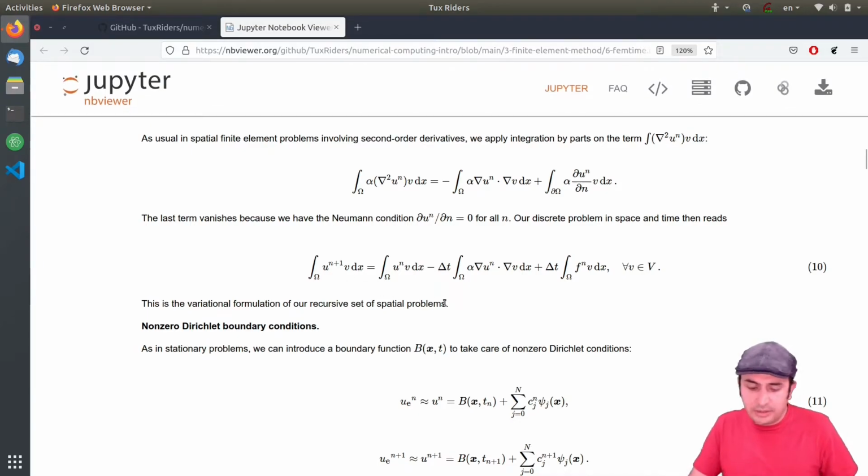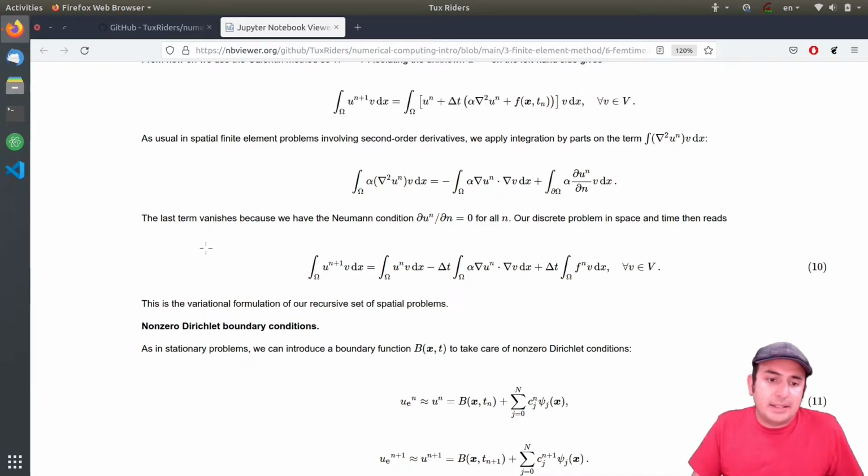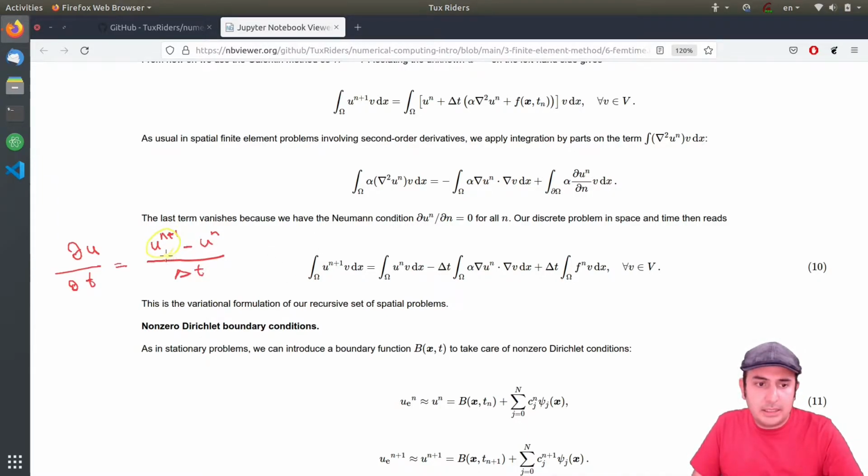For the time derivative, the partial derivative of u with respect to time, it can be written as u^(n+1) minus u^n divided by delta t. And when we apply that, this term is what you can see here, and this one is what you see for the rest of the equation, but most importantly here.